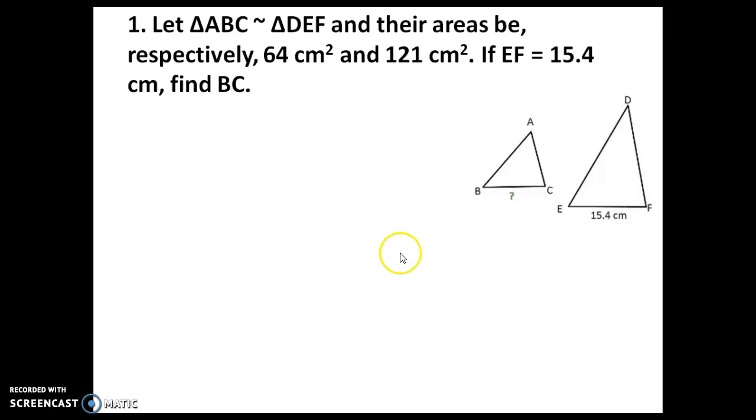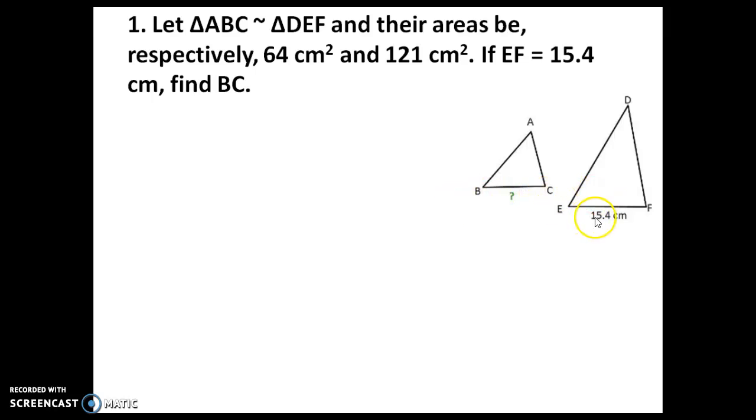So this is the triangle. These two are similar, it is already given in the question, and their areas they have given. So this small triangle will be 64 cm² and this big triangle will be 121 cm².